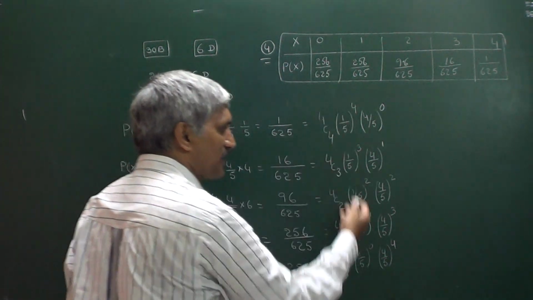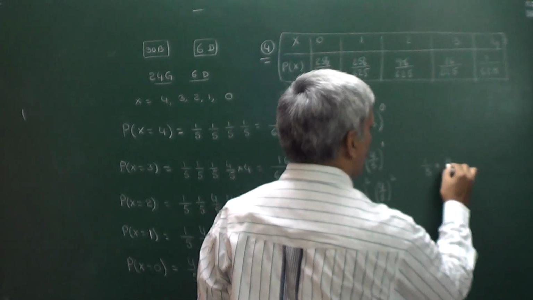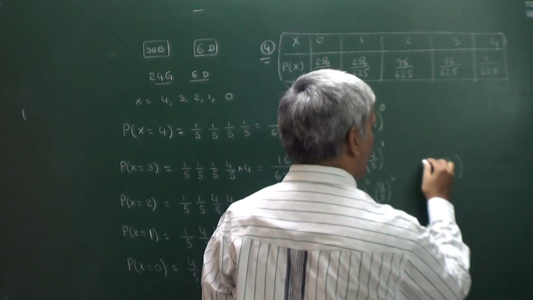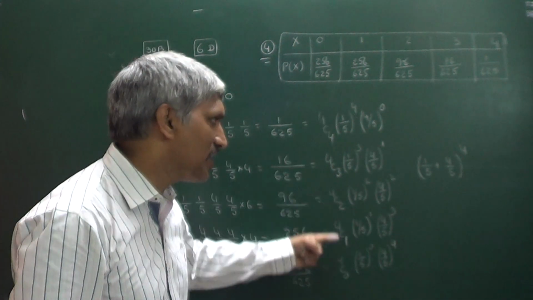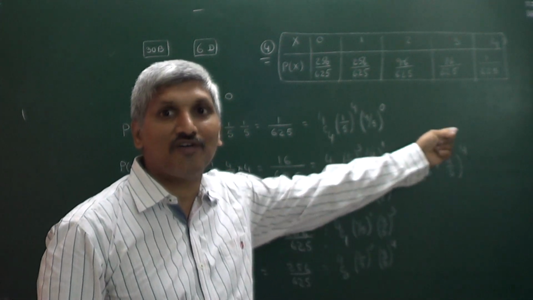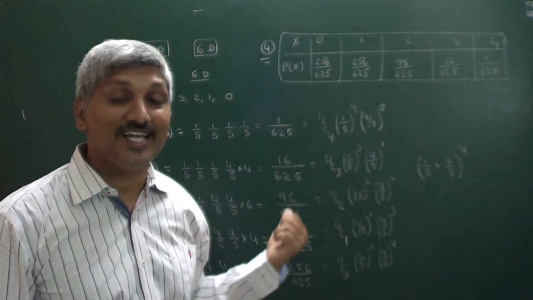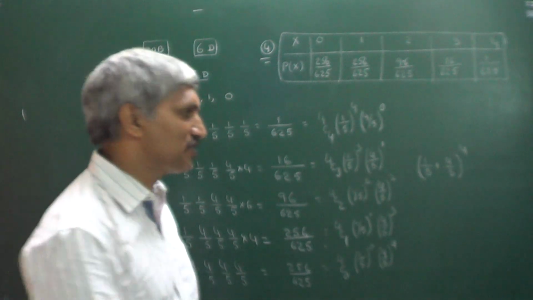Did you observe what we get for this total summation? This total summation is nothing but 1 by 5 plus 4 by 5 whole to the power of 4. So this is the other distribution we are going to discuss, that is the binomial distribution.